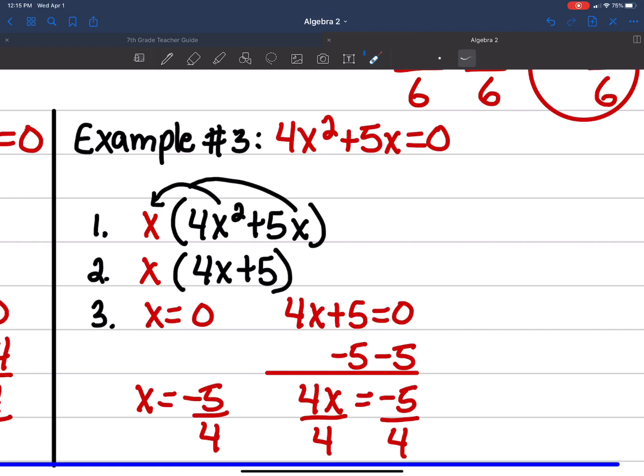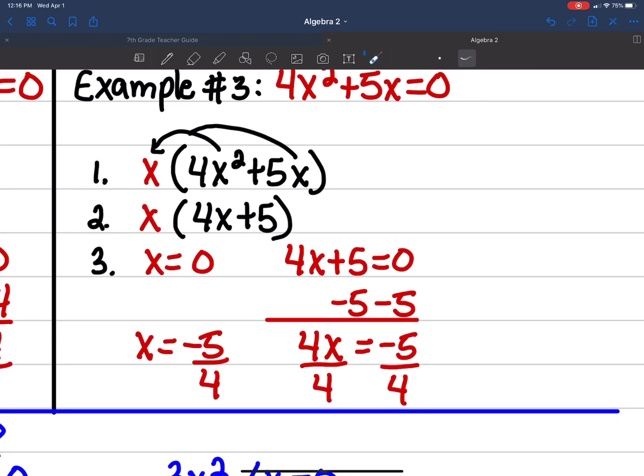All right, so 4x squared plus 5x equals 0. We're going to factor out an x from here and here. I am going to bring down what's left over right there. I have taken out an x from both terms and placed them out here. 4x plus 5 is what I'm left with. I'm going to set both terms equal to 0, and I'm going to focus primarily on this one because I already got the answer for that first one.